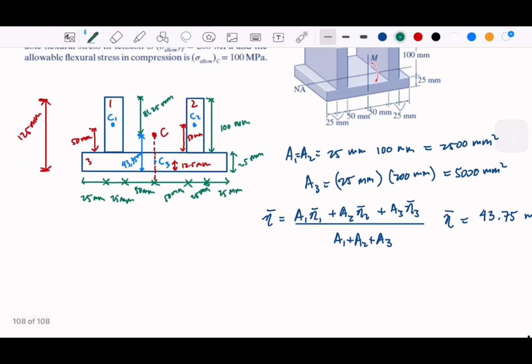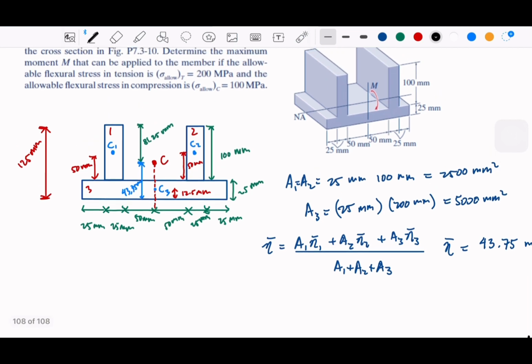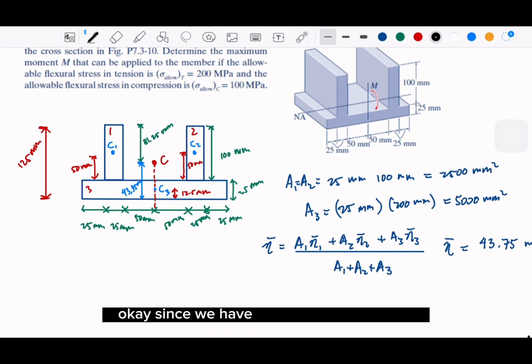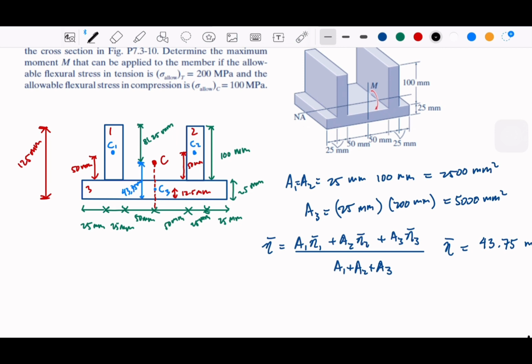Calculate the inertia. Since we have 1 and 2 identical, we could take that.